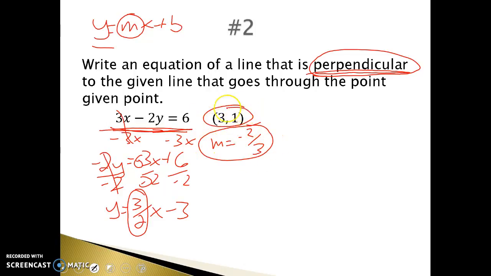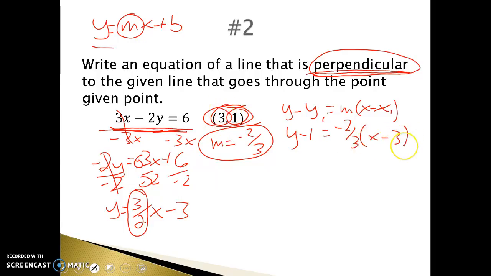And we want it to go through this point. So again, we're going to use the point slope formula, which is y minus y1 equals m times x minus x1. And I'm going to plug in the values here. It's going to be y minus my y value, which is 1. That equals the slope, which is negative 2/3, times x minus my x value, which is 3.